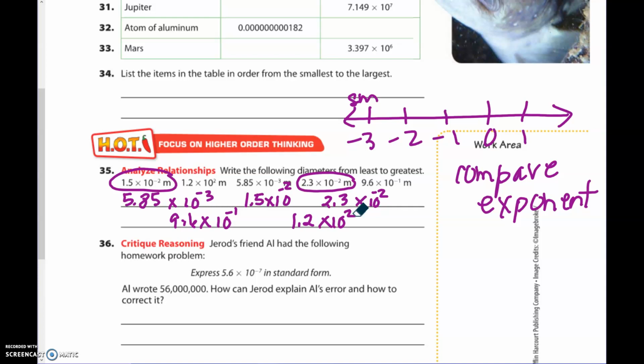Remember, negative 3 is going to be smaller than negative 2, and then after that, we compare the coefficients. When the negative 2's were the same, you just compare the numbers. 1.5 is smaller than 2.3, so that number is going to be smaller.